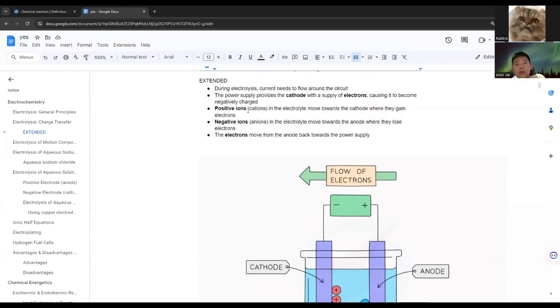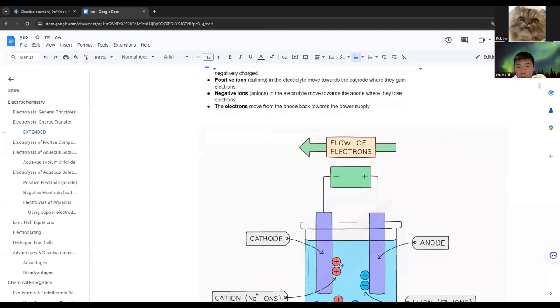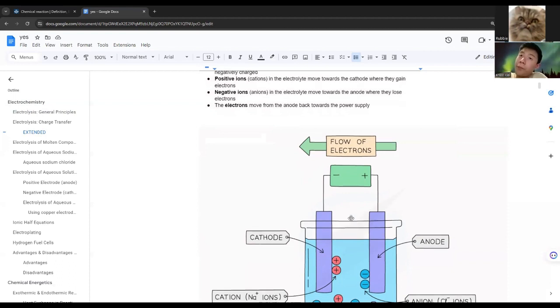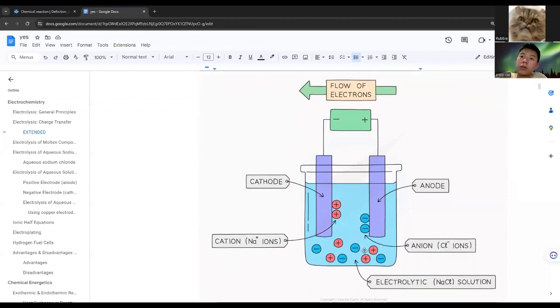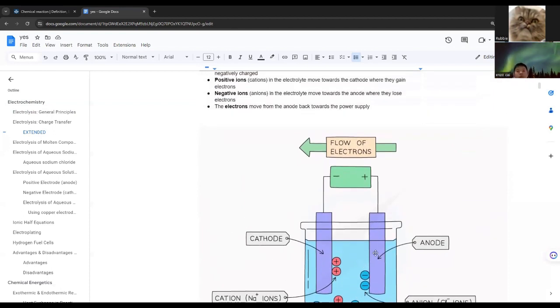Positive ions, which are cations like the metal sodium, and the electrolyte move towards the cathode where they gain electrons. This is the electrolytic solution, or the electrolyte.